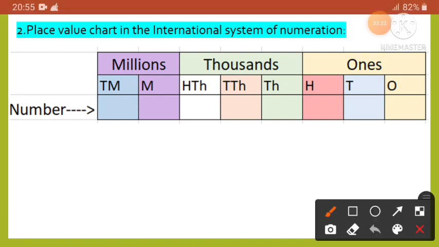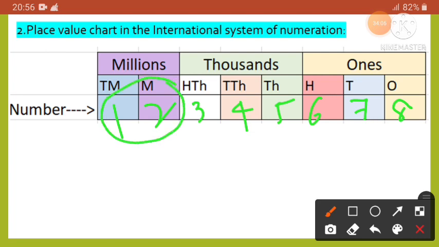Now we are representing this number in the International System of Numeration. The number is the same, 1 2 3 4 5 6 7 8. Starting from the right side and going to the left, it is 8, then 7, 6, 5, 4, 3, 2, 1. So it is an 8-digit number. We can say that it is 12 million, because it is under the million.